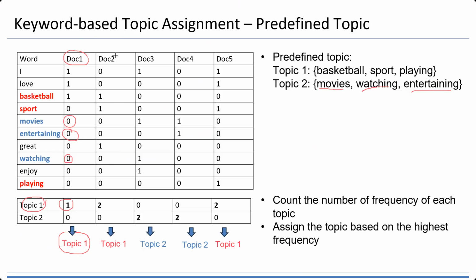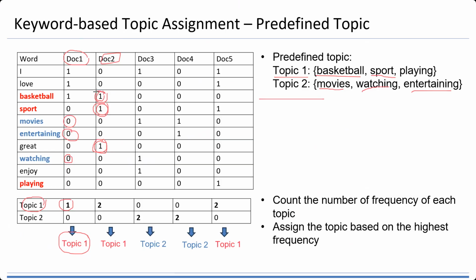Now, let's look at document 2. In document 2, the words are basketball, sport, and play. So basketball is in topic 1. Sport is in topic 1. "Play" is neither in topic 1 nor topic 2.